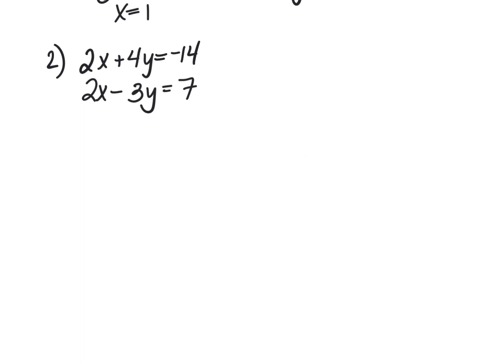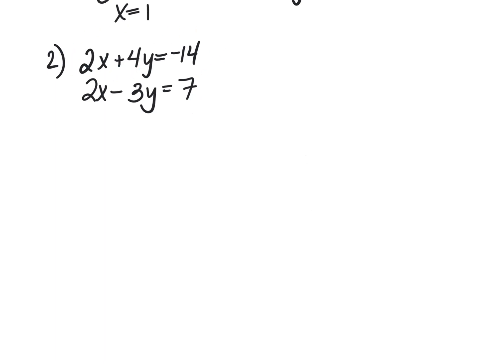If I add these together just as they are, will anything eliminate? No, unfortunately. I have the 2's, but they're both positive, so when I add them, I get 4, right? So I need to multiply one of the equations by what?